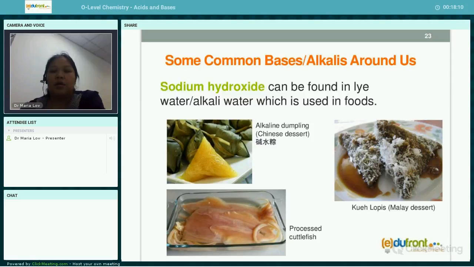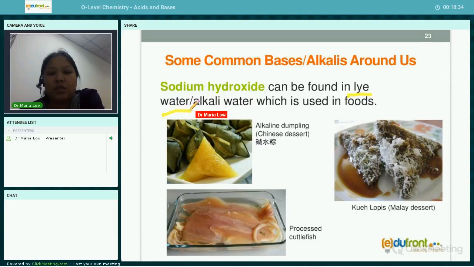The next common base or alkali that you can find around us is sodium hydroxide. Depending on whether it is in the diluted form or the concentrated form, it can be found in some of the foodstuffs that we eat. Over here, sodium hydroxide can be found in lime water.